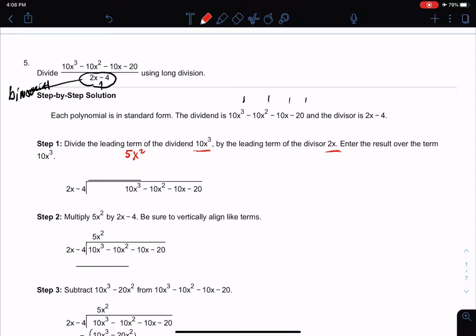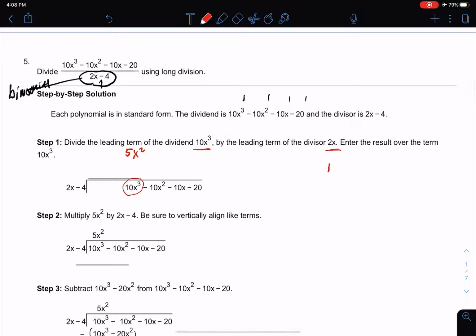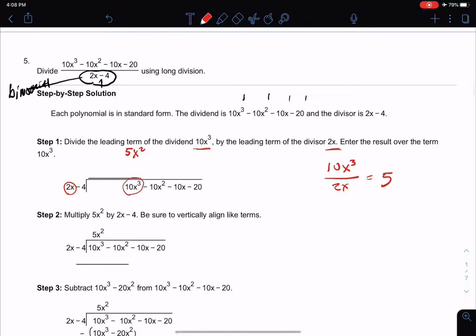So literally divide 10x cubed by 2x. 10 divided by 2 is 5, and x to the third over x to the first leaves us with x squared, which is the same thing I got doing it the other way.